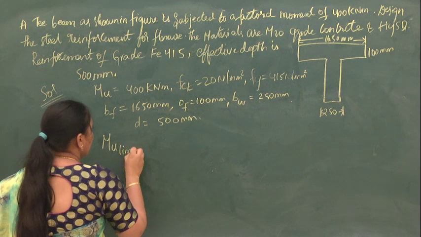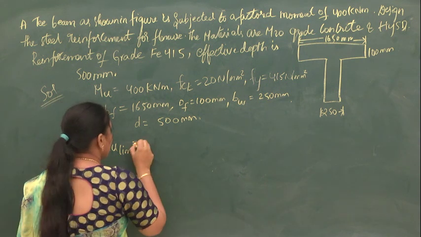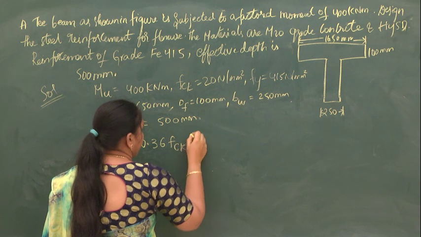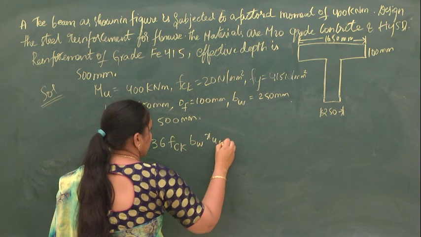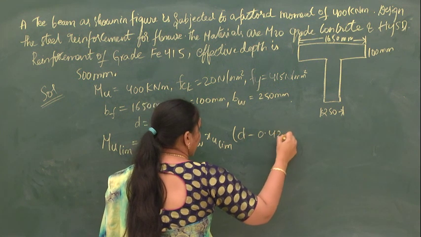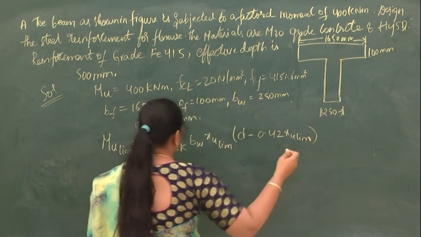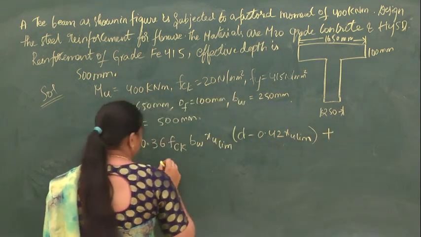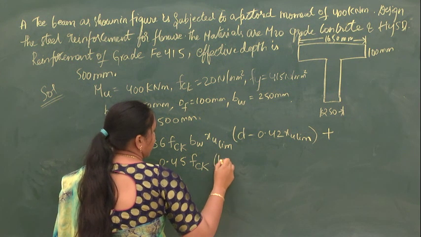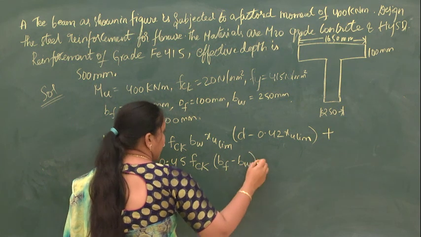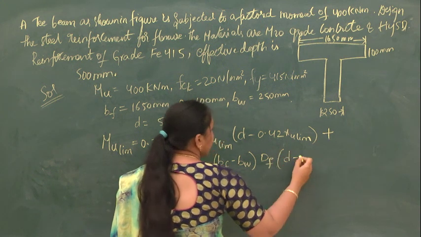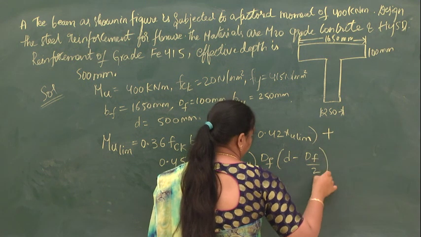So first let us calculate the limiting moment of resistance. Mu limit will be equal to 0.36 FCK BW into XU limit into D minus 0.42 XU limit, plus 0.45 FCK into BF minus BW into DF into D minus DF by 2.